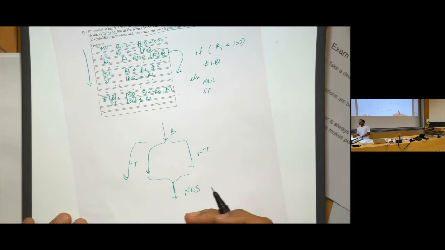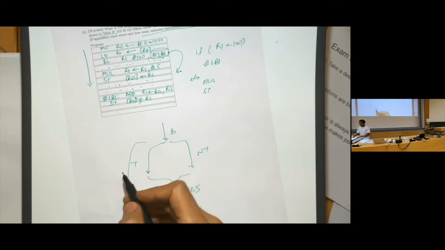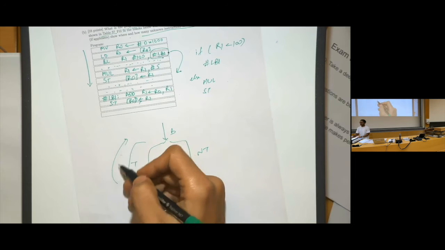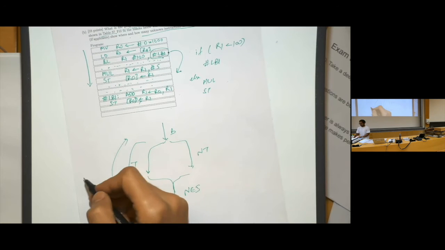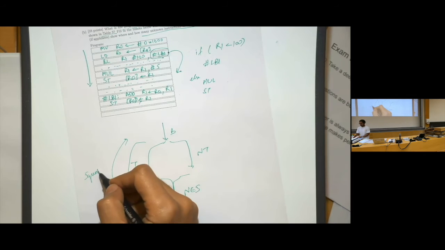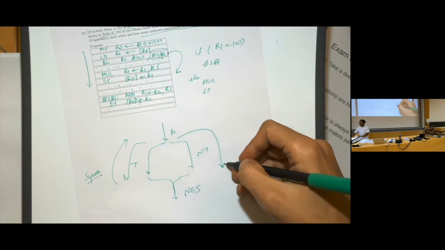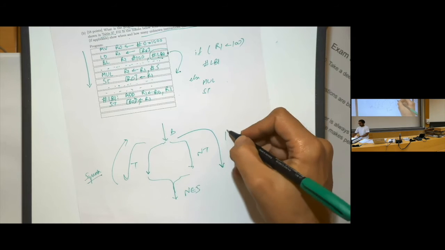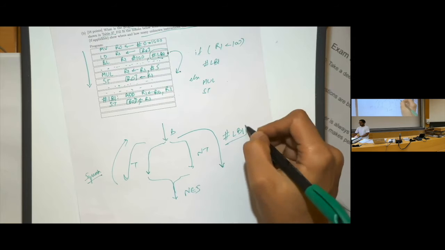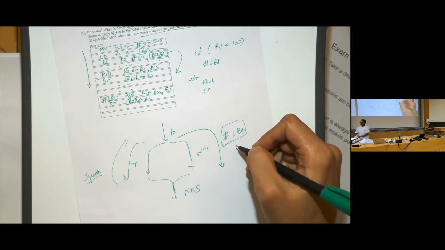But then when the answer for the branch is available, when I know that the predictor was wrong, at this point I have to get rid of what I did in this x. This is what is stated in the question as squashed. And then I have to do what was the right thing to do. So the right thing to do is what will hint you at LB1.